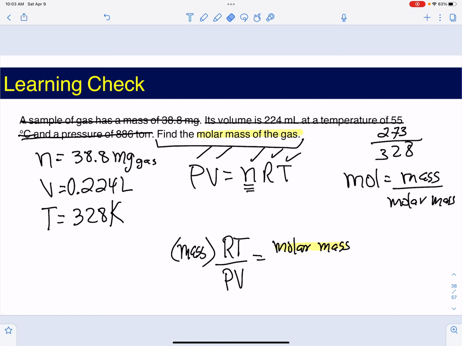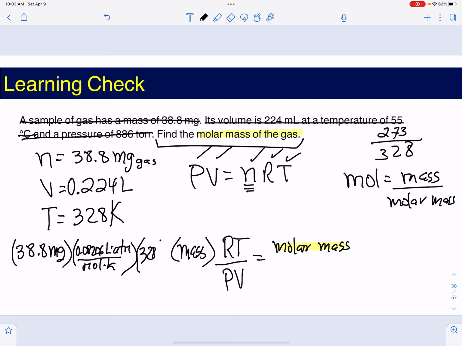The mass is 38.8 milligrams multiplied by R. R is 0.08206 liters times atmospheres over moles times Kelvin, multiplied by the temperature. The temperature is 328 Kelvin.